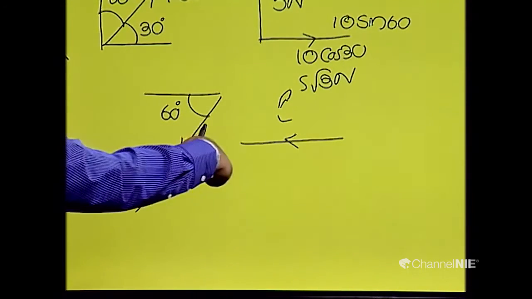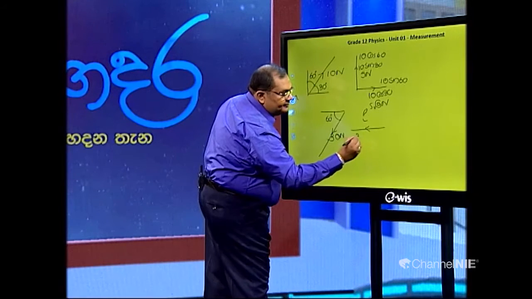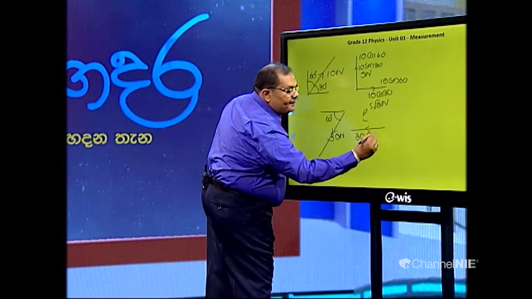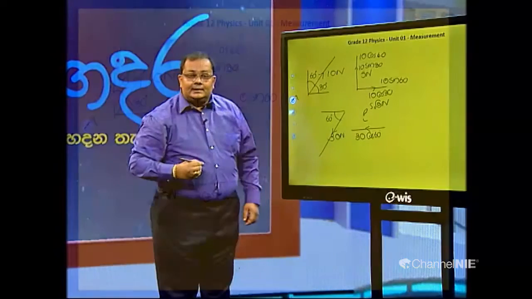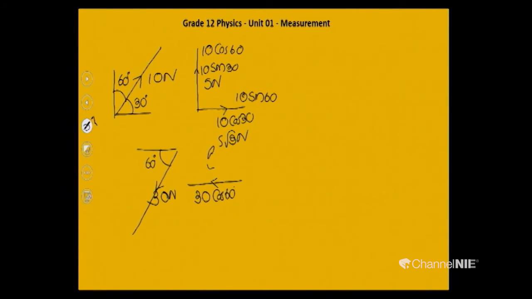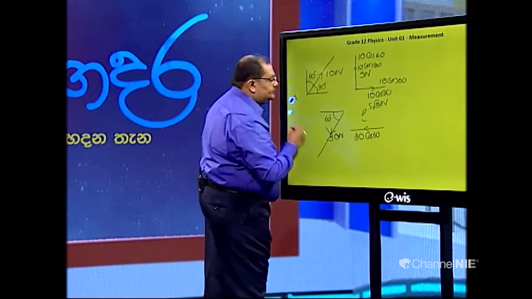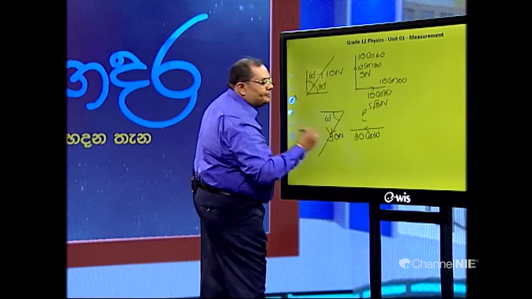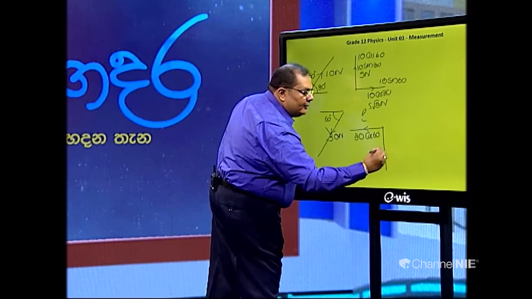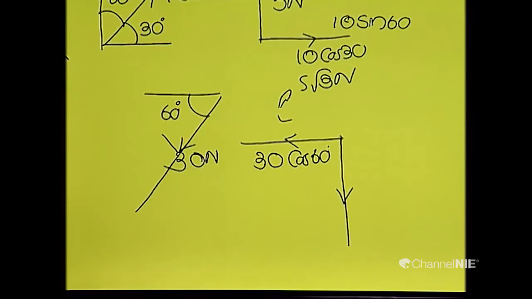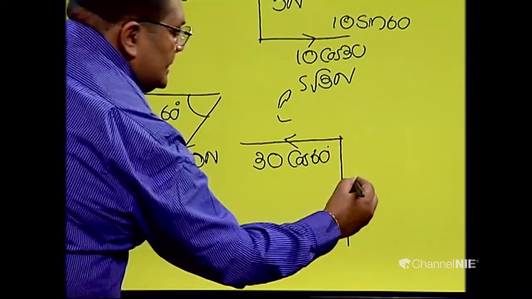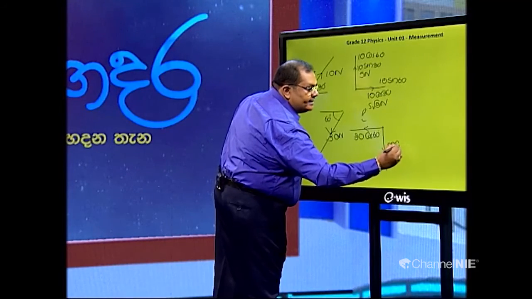Then 30 cos 60. This is a horizontal component. How much the vertical component? It's 30 cos 60 this way, 30 sin 60 downwards. Arrowhead, very, very important. Then 30, in the direction of the angle cos, another one sin: 30 sin 60.